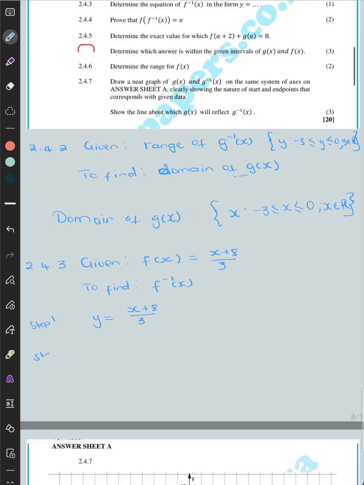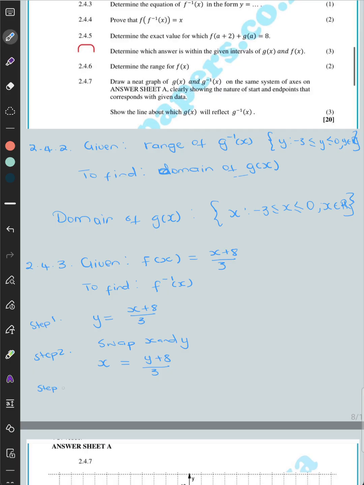Then what do we do in step 2? Swap x and y. Good. I know you are going with me. You guys are superstars. Swap x and y. So I have x equals y plus 8 over 3.